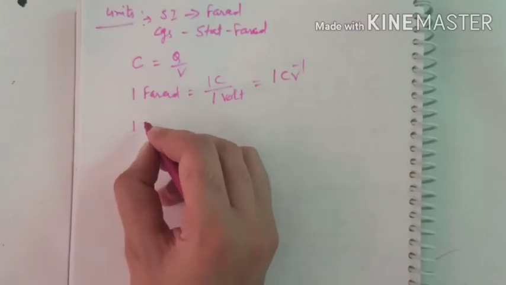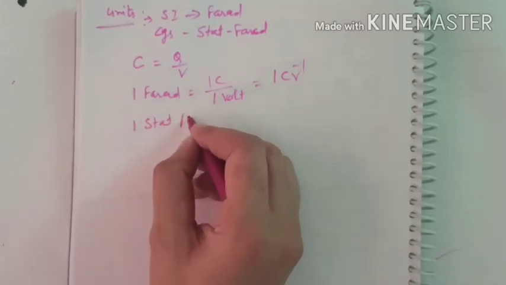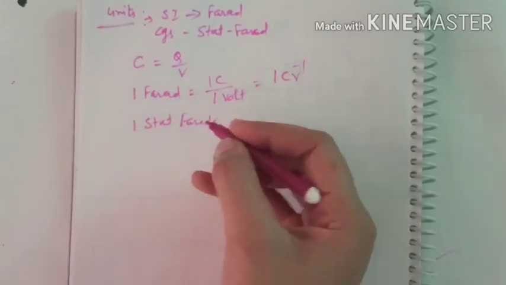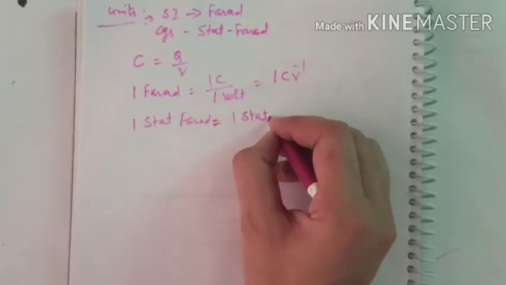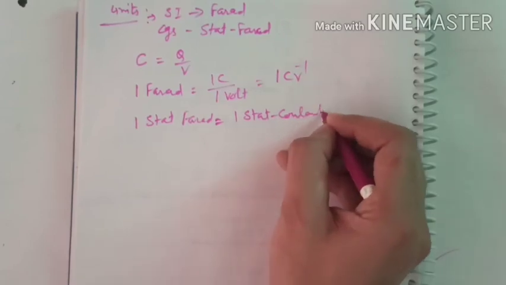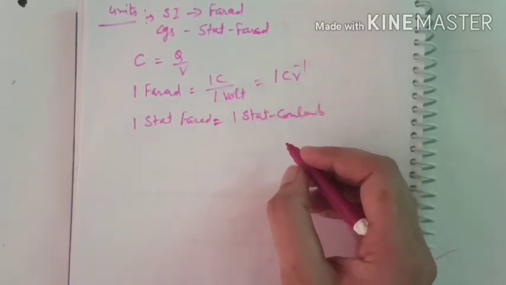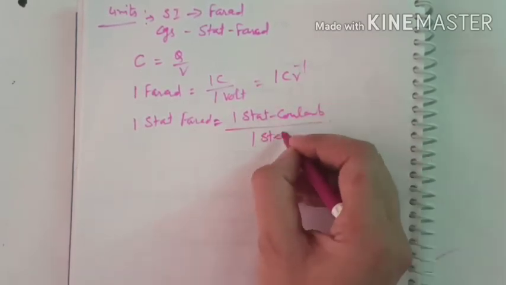Similarly, stat farad is equal to 1 stat coulomb of charge over 1 stat volt.